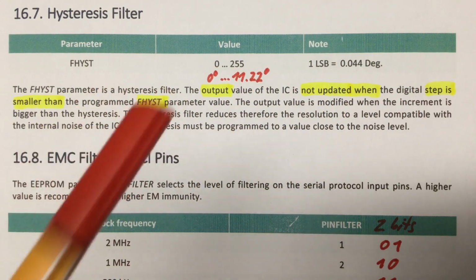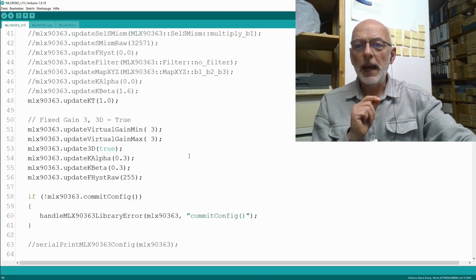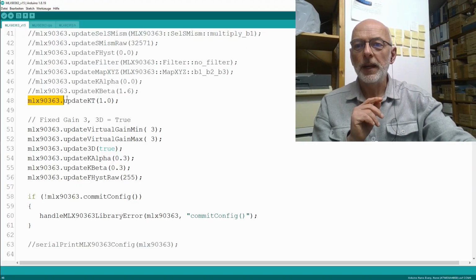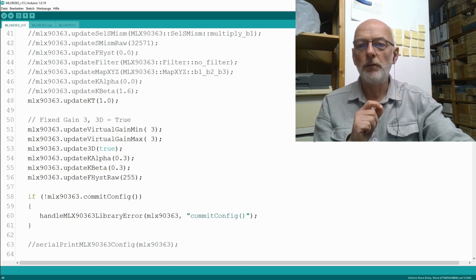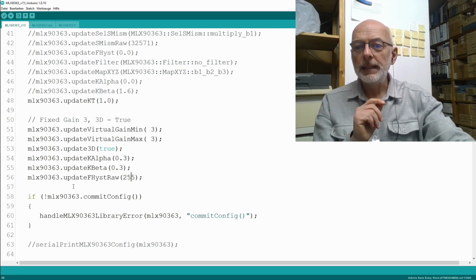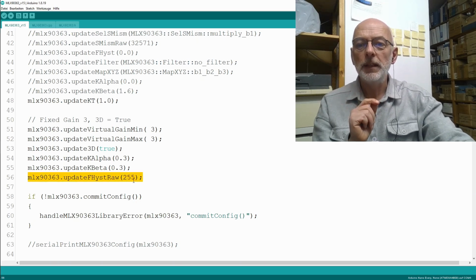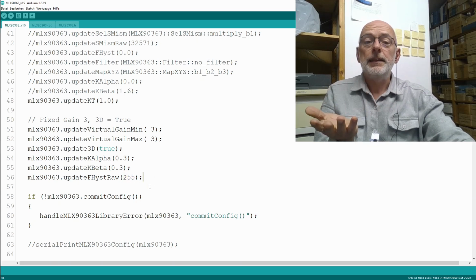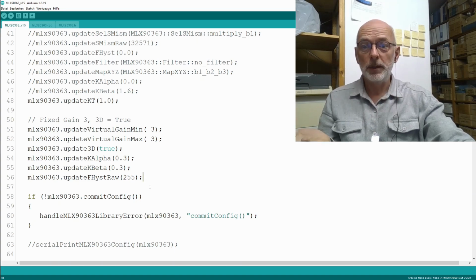So let's test that again in 3D mode. For that purpose, I first reset KT back to its default value of 1.0. And then I set F hysteresis raw, so the integer value, to 255. And let's see if we see any effect on the serial plotter.